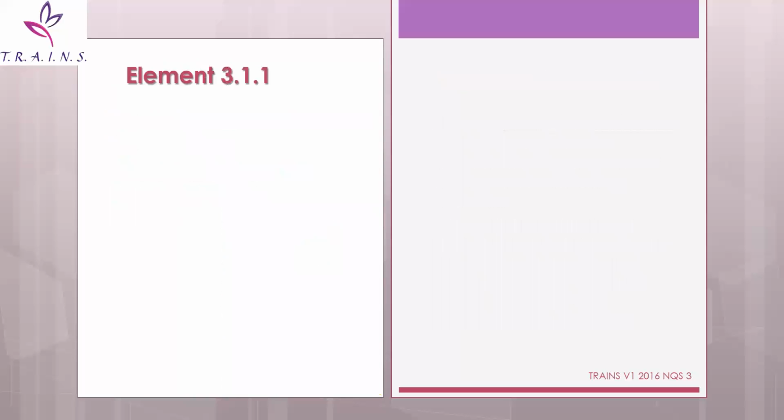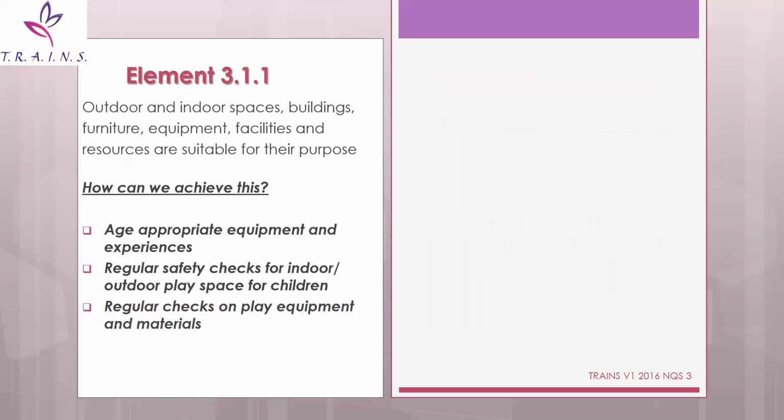Okay, now we're moving on to the elements. So element 3.1.1. Outdoor and indoor spaces, buildings, furniture, equipment, facilities and resources are suitable for their purpose. So how can we achieve this? Okay, so we need to have age-appropriate equipment and experiences.